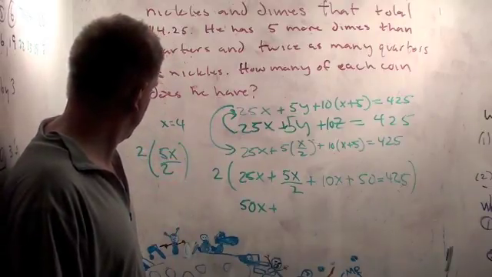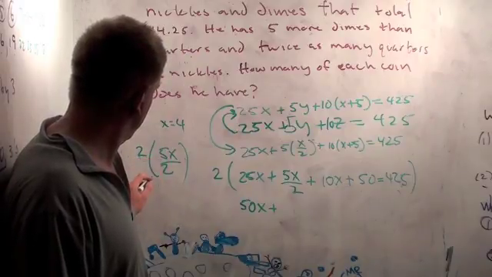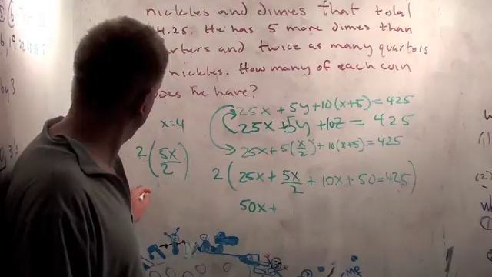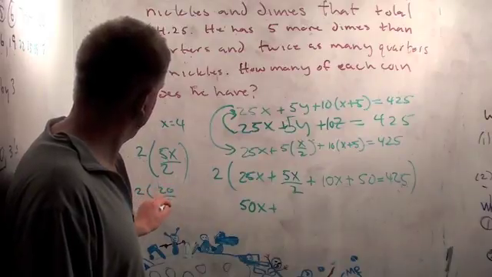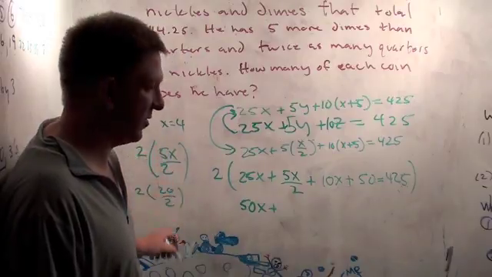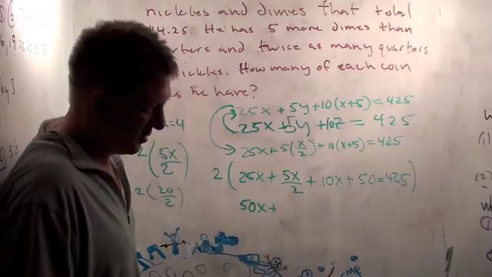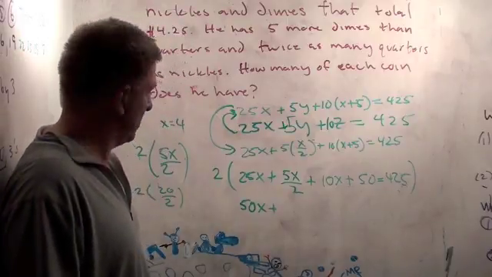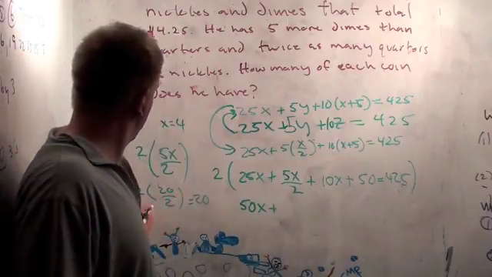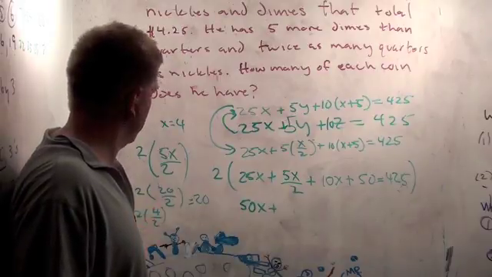So 2 times 5 times 4 divided by 2, which is 2 times 20 divided by 2, because if x equals 4, 5 times 4 is 20. So what's 2 times 20 divided by 2? It's 20.